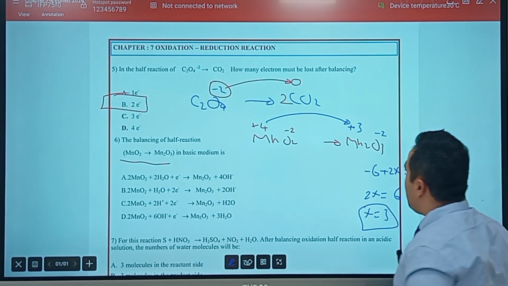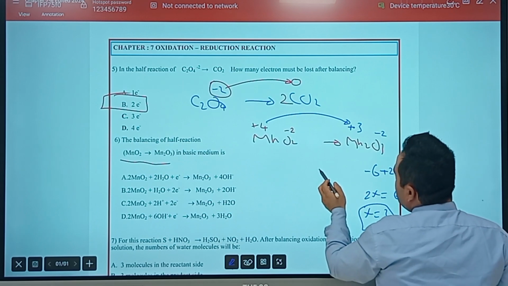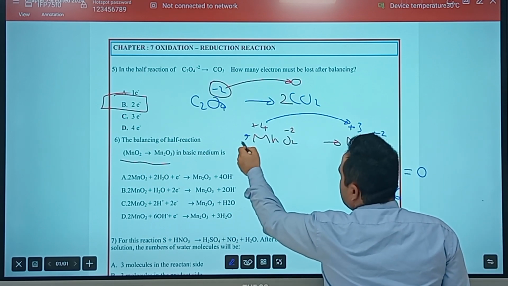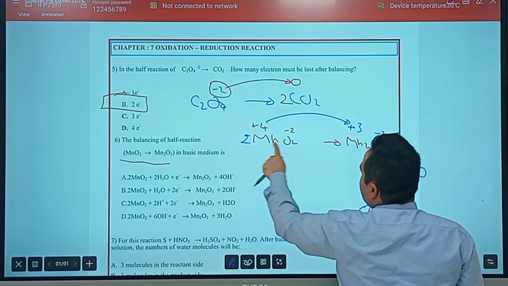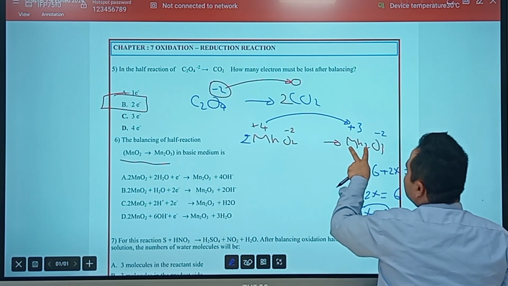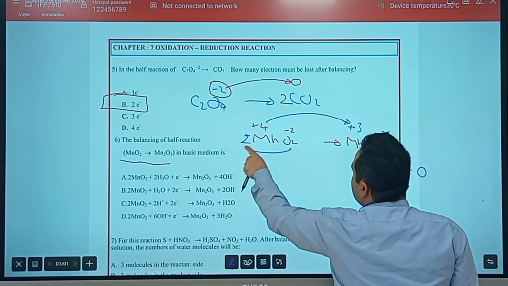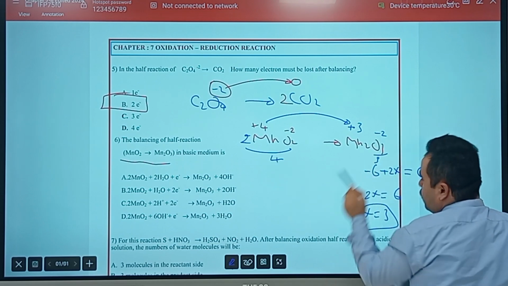So in the reduction half, prior to the charge, we have to balance the Mn, guys. Add 2 to the MnO2 in the reactant. When we add 2, it balances the Mn. About the number of oxygen, it becomes 4 in the reactant and 3 in the product.